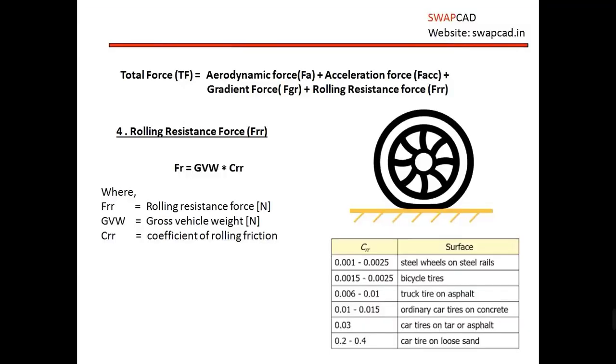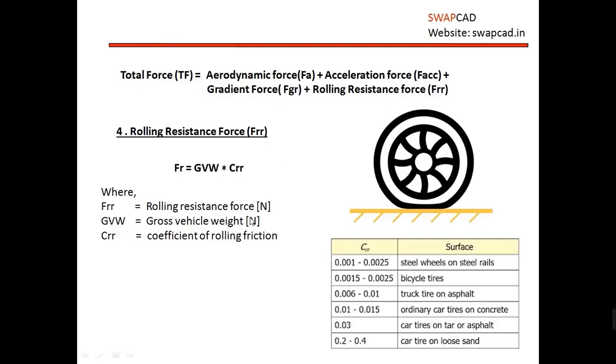So the formula to calculate the rolling resistance force is gross vehicle weight into the coefficient of rolling friction. Depending upon which surface the vehicle is traveling, it has variable values. So the CRR value starts from 0.01 to 0.04.